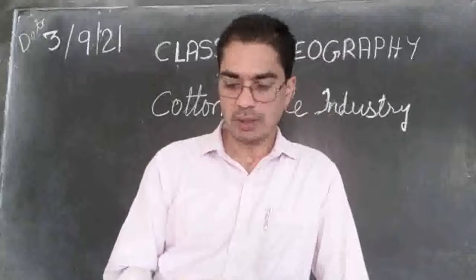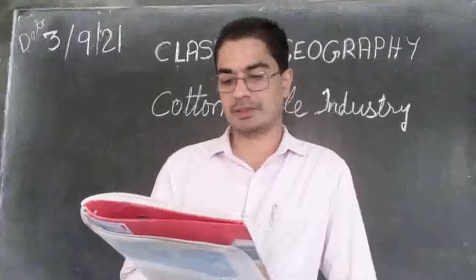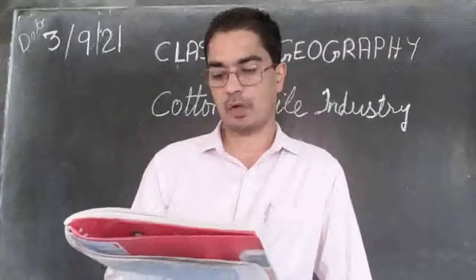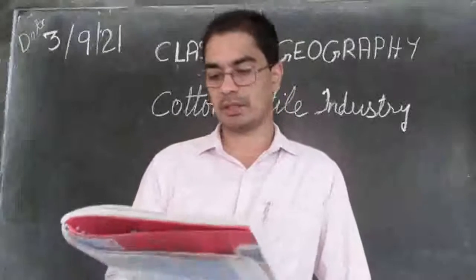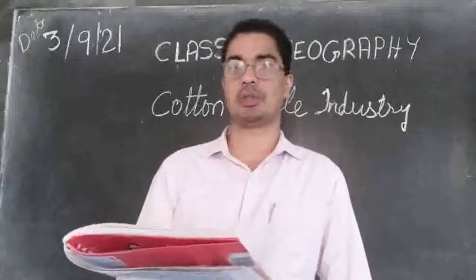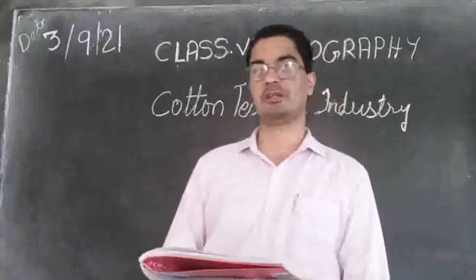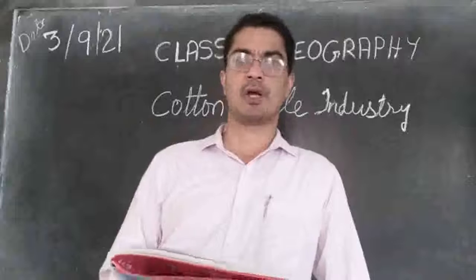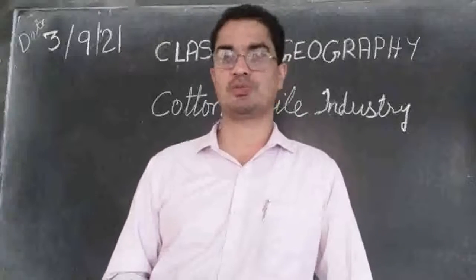And in the 18th century, power looms facilitated the development of the cotton textile industry, first in Britain and later in other parts of the world. So the Industrial Revolution started in the 18th century, and Britain was one of the first to use machines, power looms.